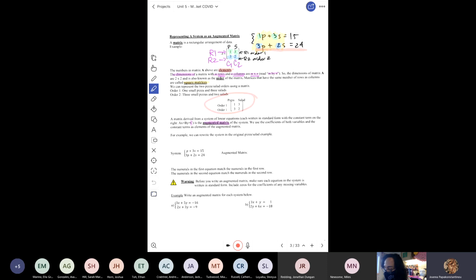So if I wanted to take this same original system and represent it as an augmented matrix, my first row would be 1, 3, 15, and my second row 3, 2, 24.